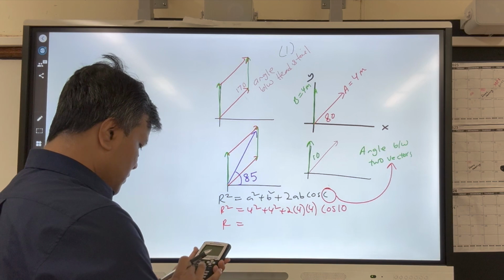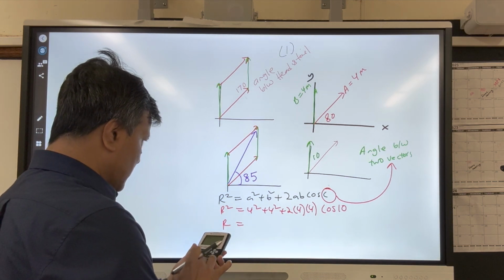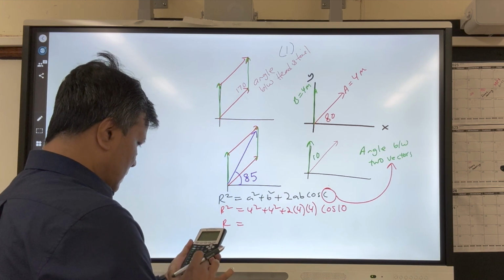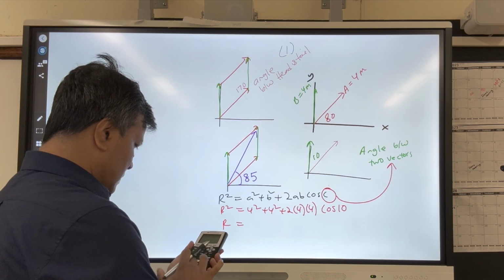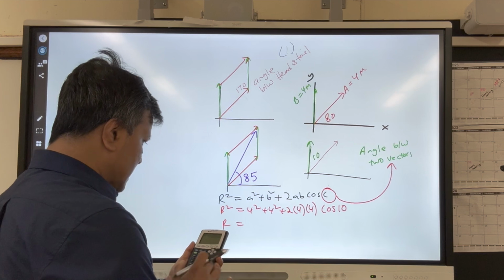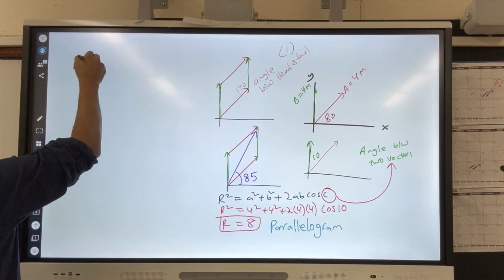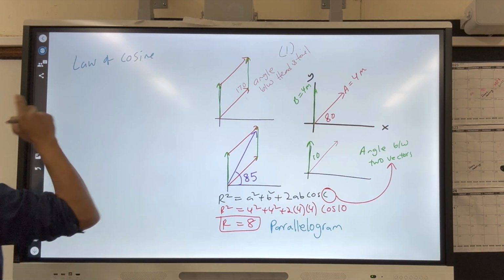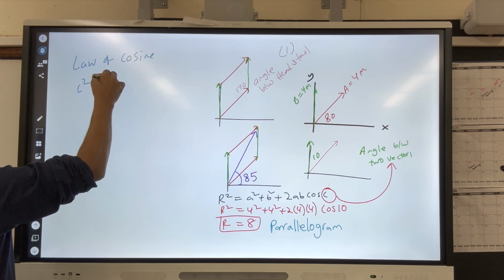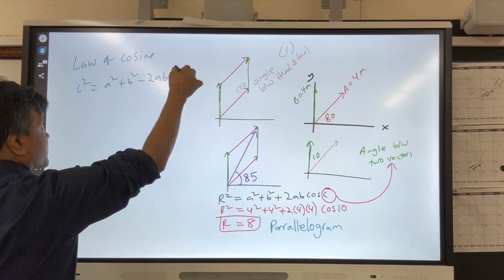You take the calculator and you put it in. This is like the Pythagorean theorem but a little longer. And this is 8. You can also use the law of cosines: c squared is equal to a squared plus b squared minus 2ab cosine c, right?